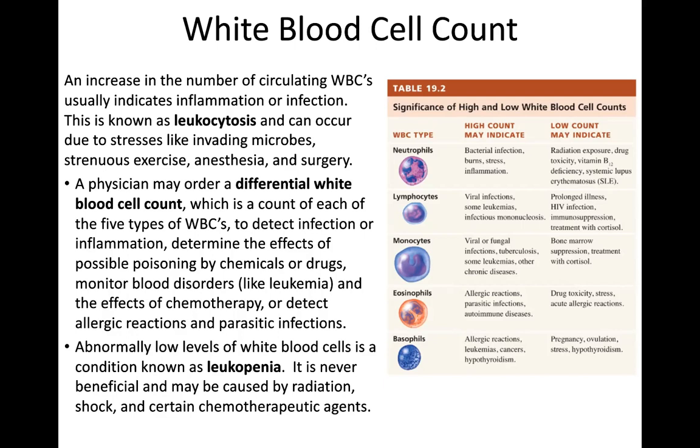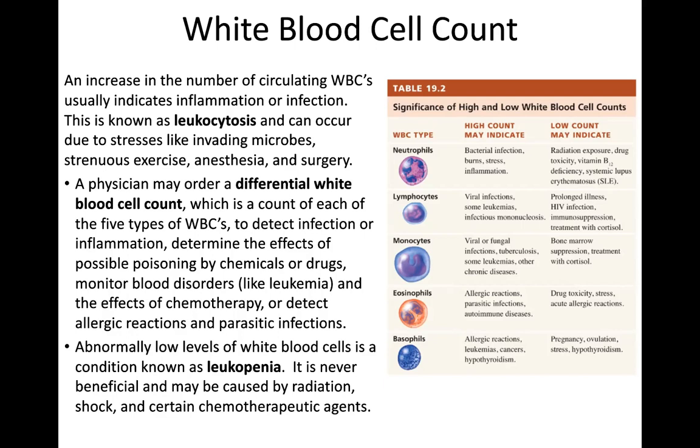So they gather information, they run tests, okay? They're always trying to figure out if it's a virus, a bacteria, something else. And just like I said, about every episode, one of the things they say is let's get a differential or let's get a white blood cell count. And that's what they're doing, seeing what's wrong by counting the white blood cells.